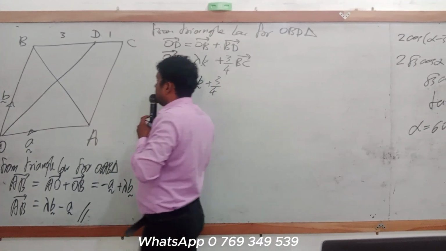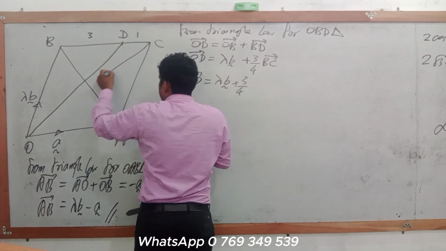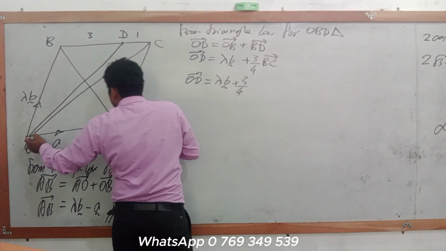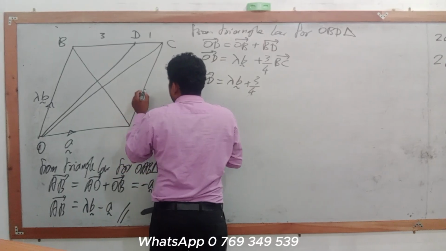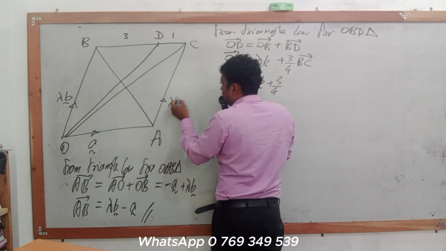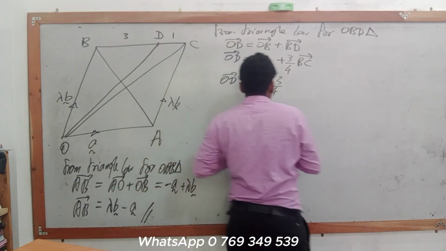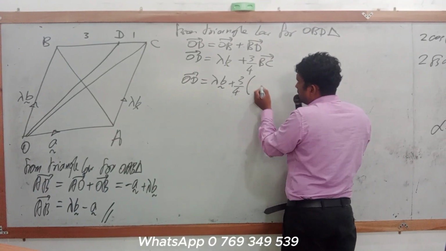What is the BC? Where is the BC? We can draw like this. This is the A and this is the parallelogram. This is the lambda B, and this one also lambda B, right?